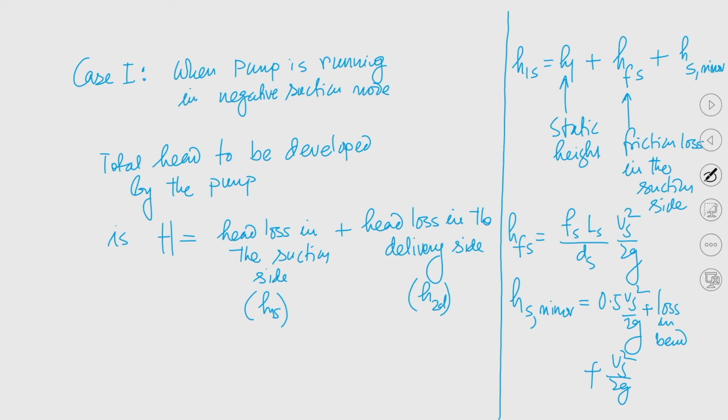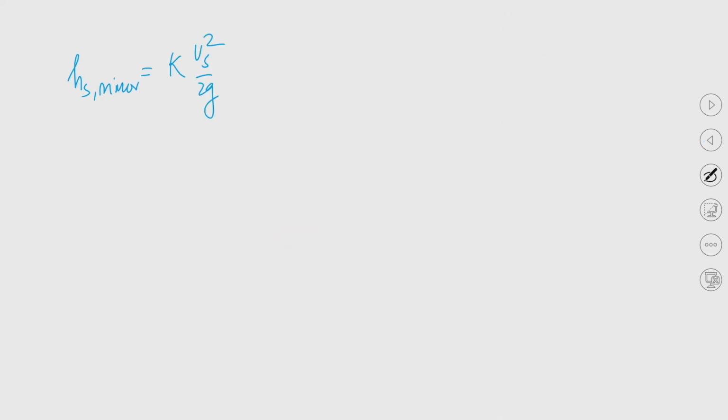So, this is k Vs square by 2g plus H1. The total loss H1s will be equal to H1 plus, say, this is k2.